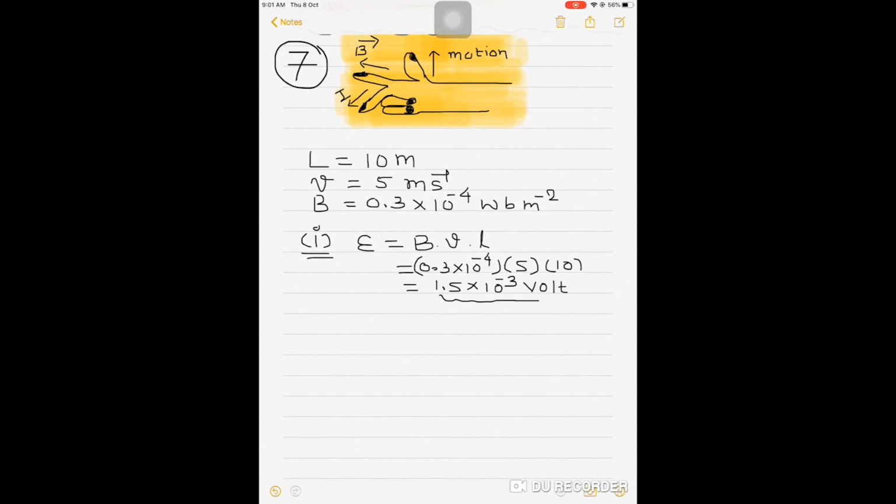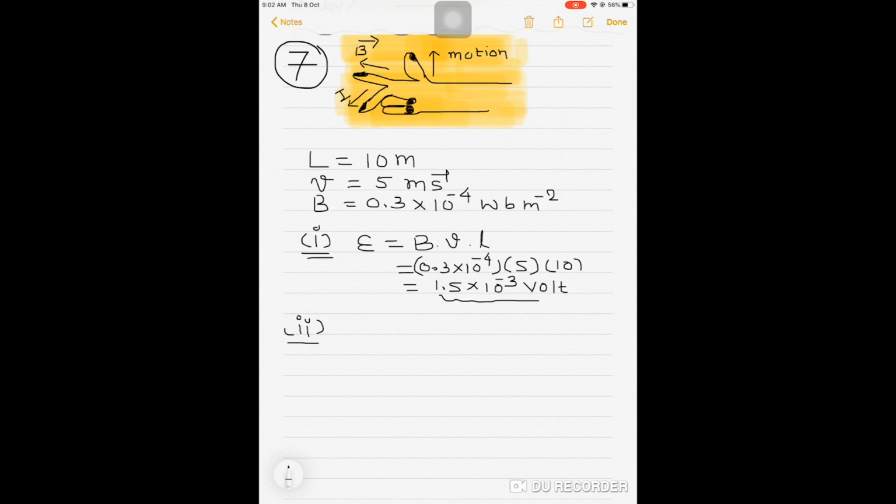Now the second part, that is the direction of induced EMF. According to Fleming's right hand rule as shown in the figure above, we can say that the direction of induced EMF is from west to east, as EMF is also in the direction of electric current. And the third question is which end of the wire is at higher potential. Obviously, if the direction of induced EMF is from west to east, the west end of the wire must be at higher potential.